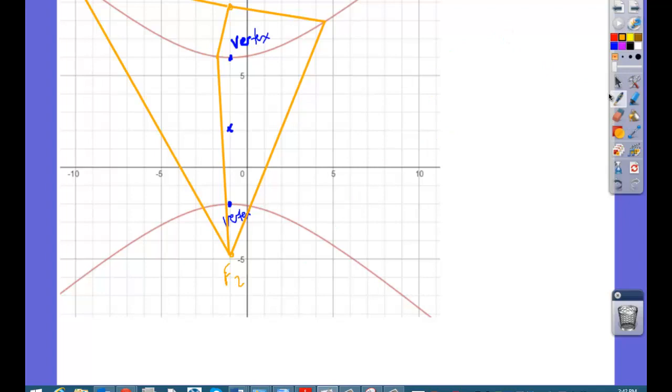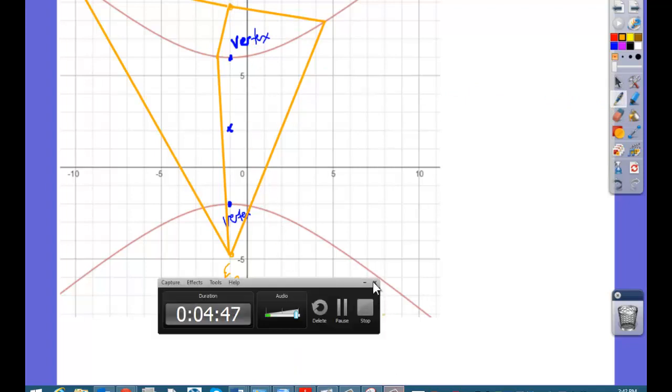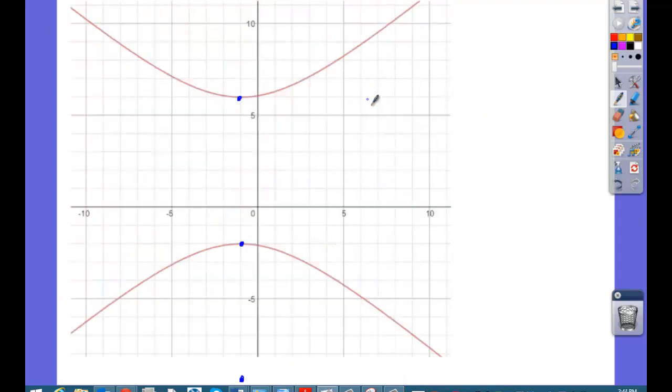So what can they do for us? Well, let's say I told you where the foci actually were for this one. So we've got center, vertex, vertex, focus, focus.